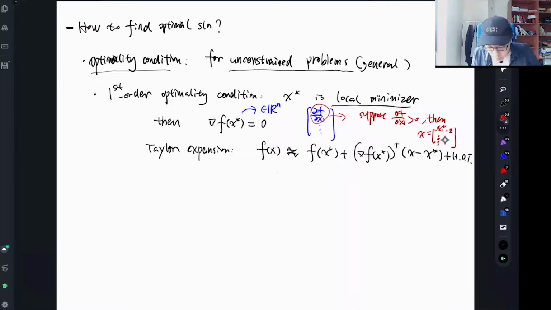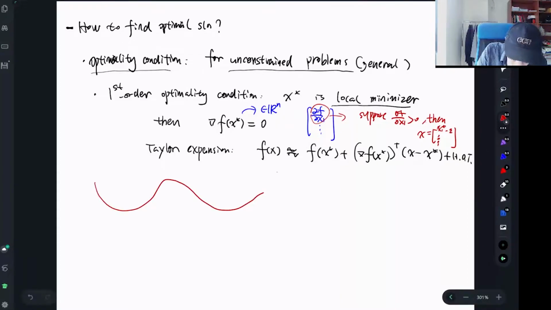If I do the inner product, that will give me a negative value. So this guy plus a negative value will be smaller, and that contradicts the fact that x star is the minimizer. So roughly speaking, the gradient has to be 0 in order for x star to be a local minimizer. I hope that's fine.